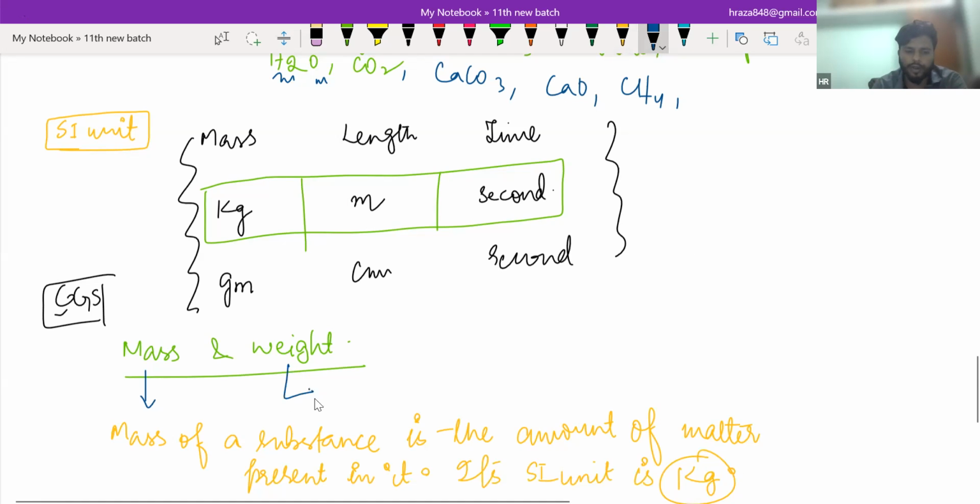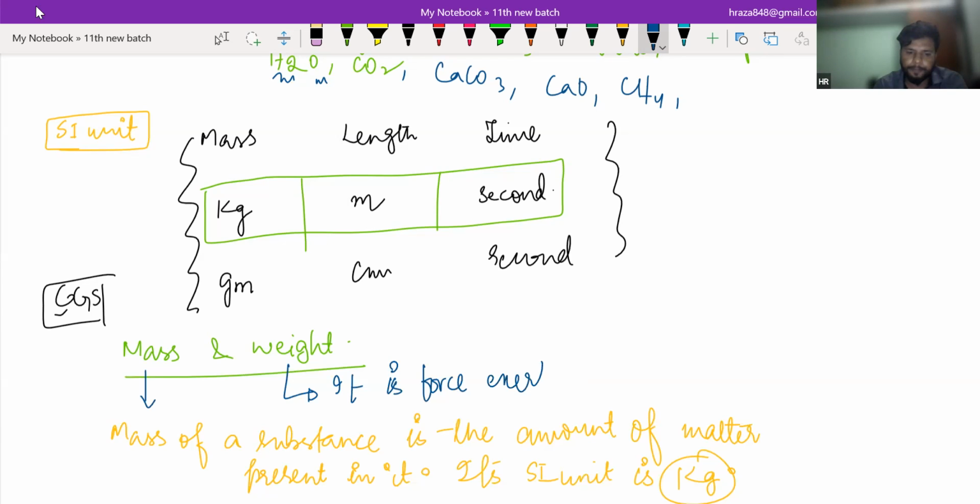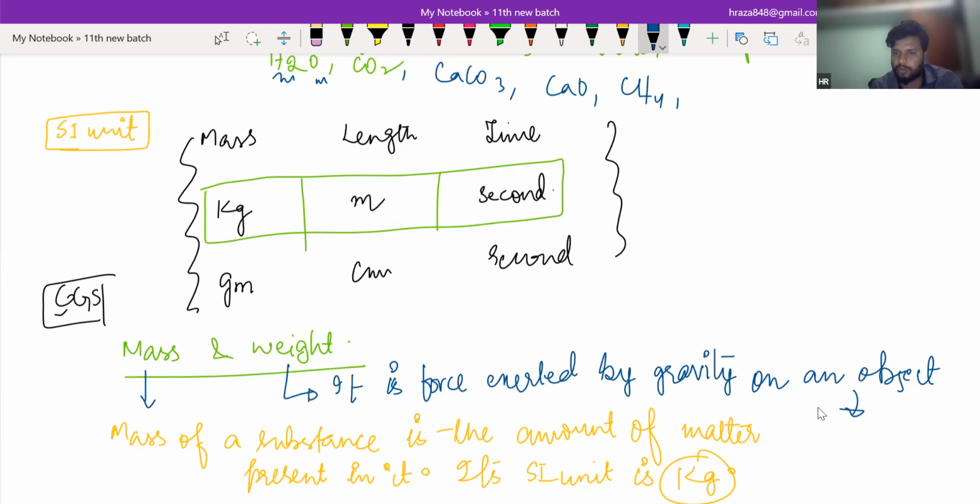But weight is the force exerted by gravity on an object. Since weight is a type of force, the SI unit of weight is Newton.